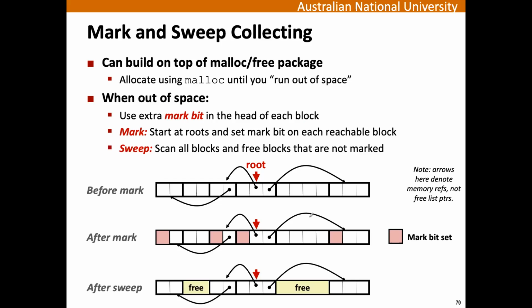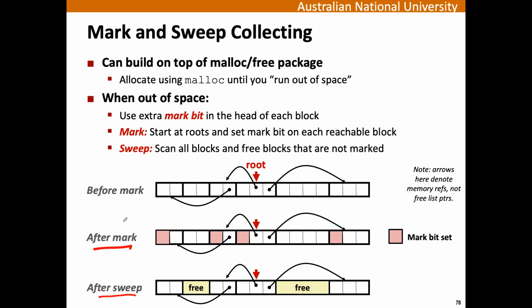So we are going to scan the heap from left to right. We see that there is a mark here, so this is allocated. There is no mark here, so I can free that. This is allocated. This is free. This is free. Sorry, this is allocated. This is free. So this is now after the sweep phase.